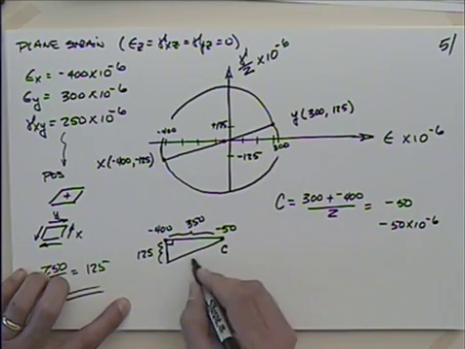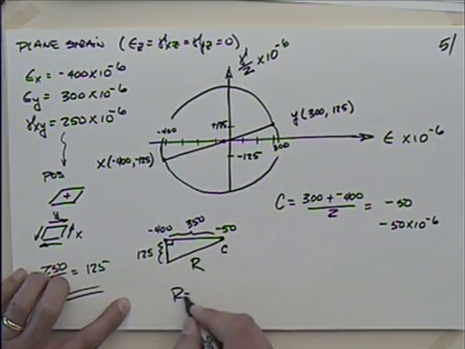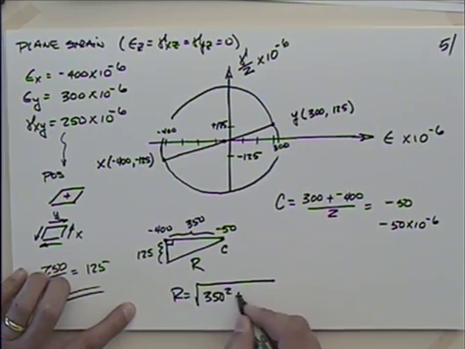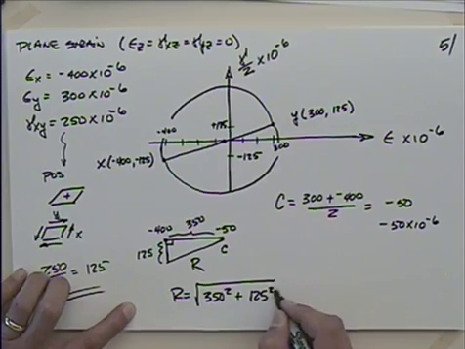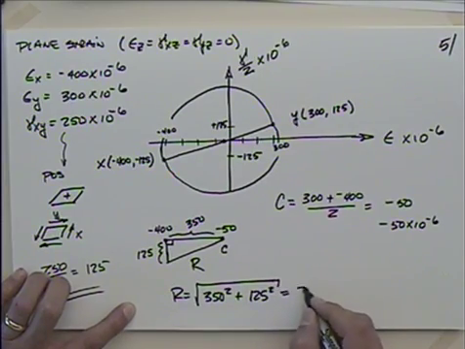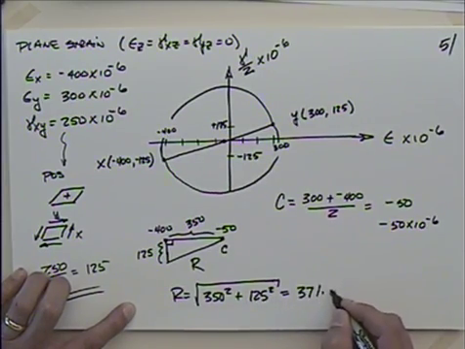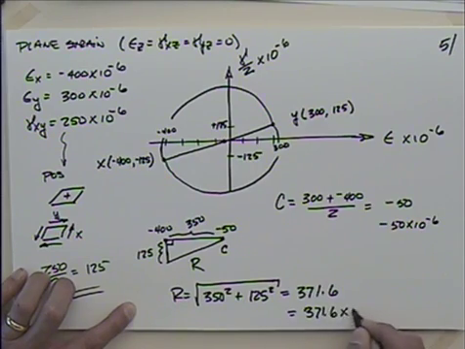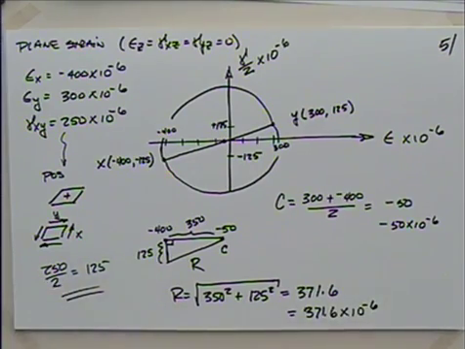So I have that the radius then is equal to the square root of 350 squared plus 125 squared, which gives me 371.6, which I should probably be mindful and say 371.6 times 10 to the minus 6.